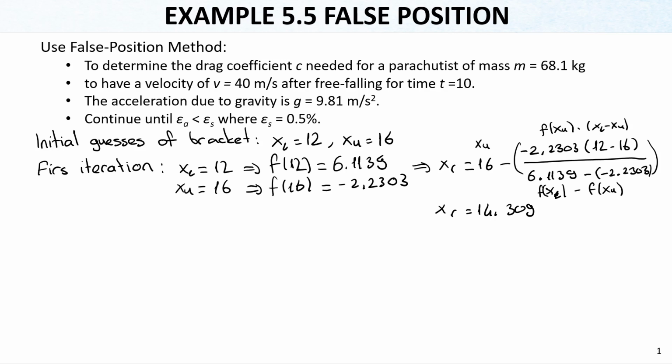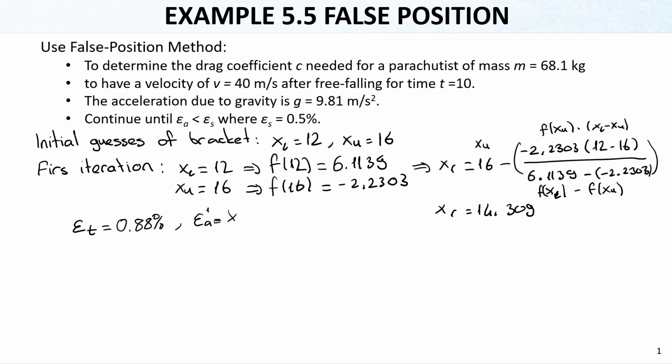The true relative error we find as 0.88%. You can calculate this based on the true value. But we don't have an approximation error here because this is the first iteration.